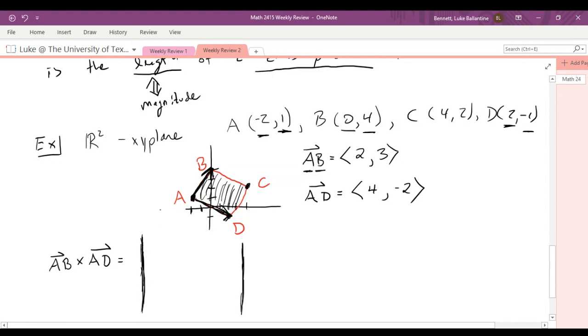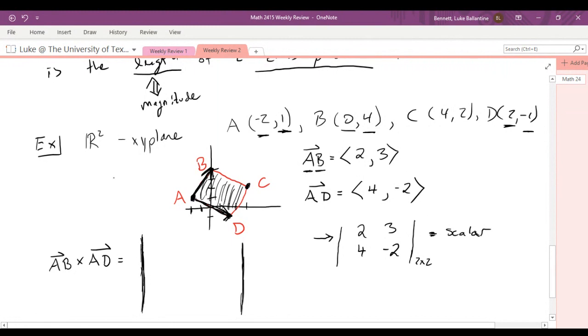Well, if I do a 2x2 determinant, let's try it. I guess I'd put 2, 3 here, and 4, negative 2. But this just gives me a scalar. That's not right. The cross product has a vector output. I need an entire vector.